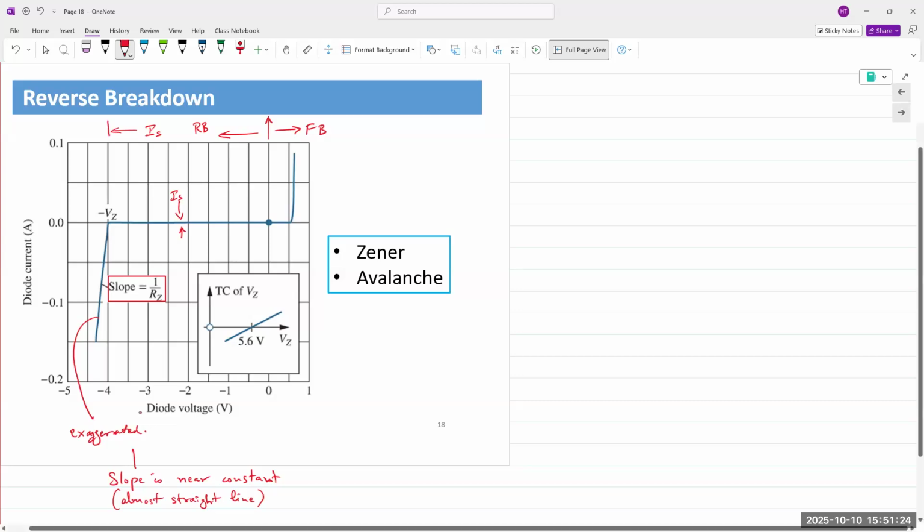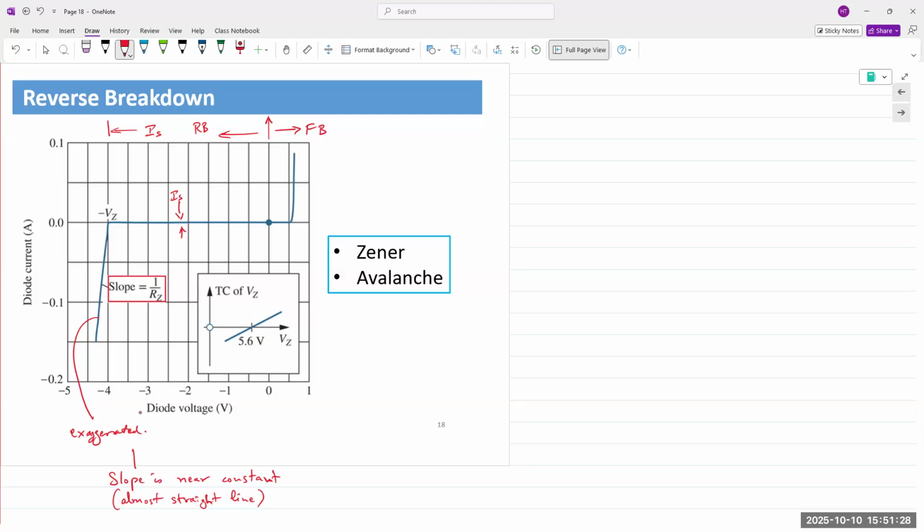Now, these are acted upon by the electric field, and so they are pushed towards the junction and cross over. They are moving randomly in the lattice structure, but with high energy. And when that happens, they strike other atoms in the structure, thereby dislodging more charge carriers.